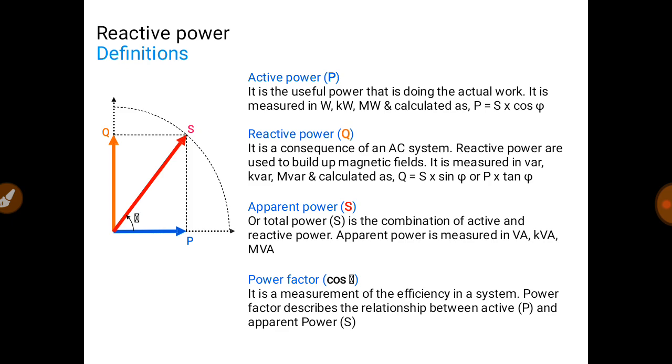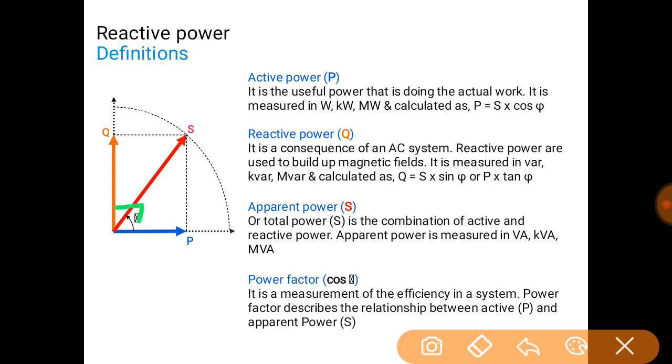Apparent power is the total power, as it is a combination of active and reactive power, equal to P plus jQ, where j denotes an angle of 90 degrees, meaning the angle between P and Q is 90 degrees.